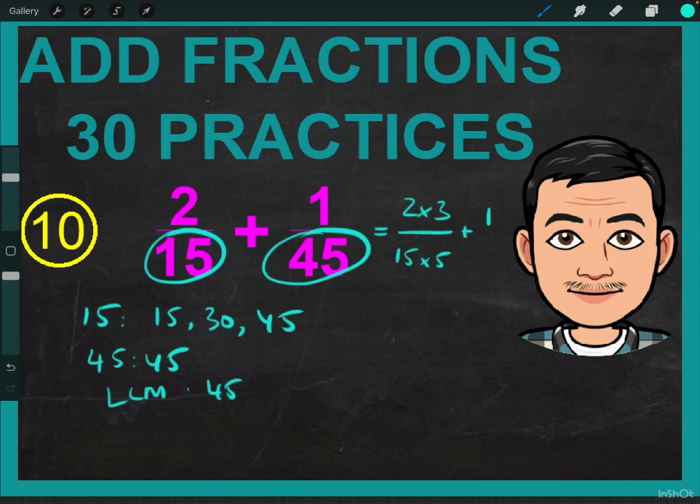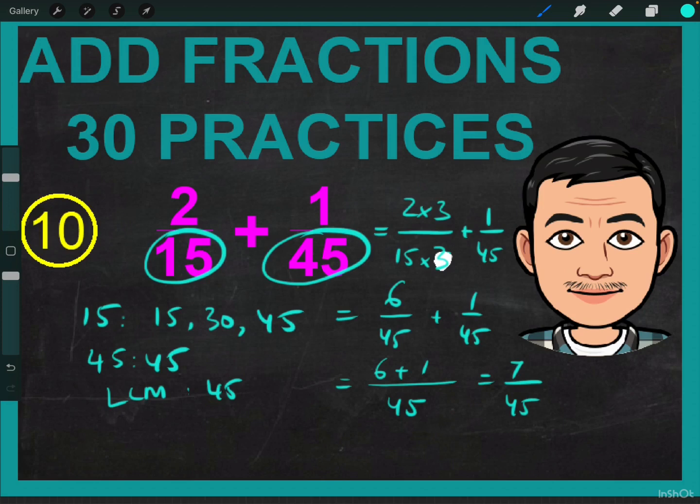And the second fraction, we just keep it the same. So we got 2 times 3 is 6. Oh, this one is times 3, I'm sorry. We should multiply 3 on this one. So 6 over 45 plus 1 over 45. Now the two fractions have the same denominator, 45. So all we need to do is just add number 6 and number 1, and the answer is 7 over 45.